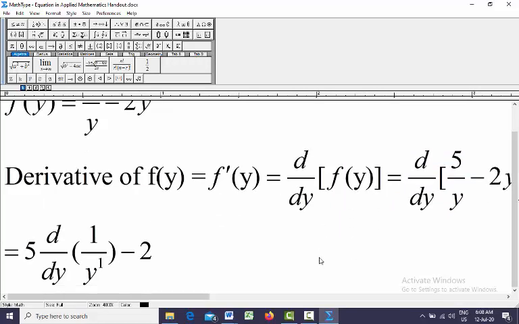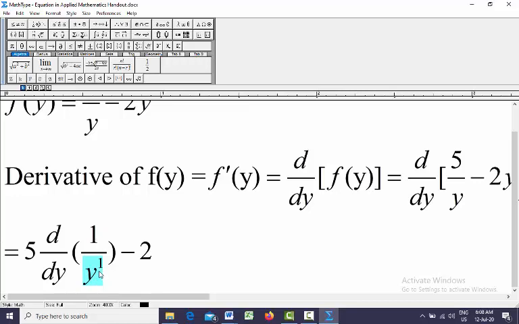So now what do we do? As I said before, you need to bring this variable from the denominator to the numerator. To do the differentiation, the variable cannot be in the denominator.